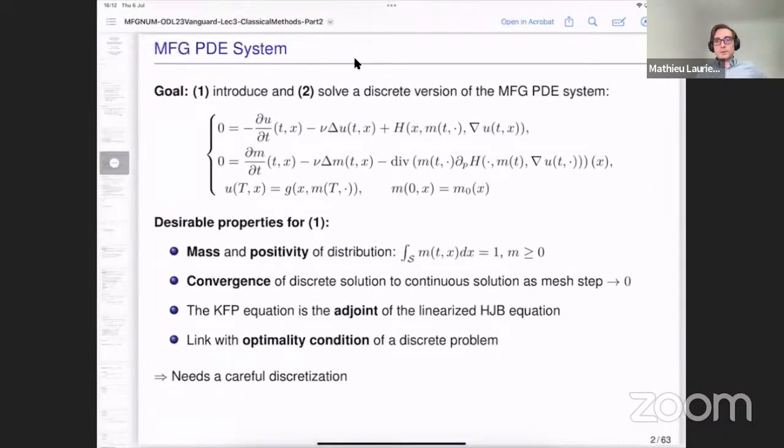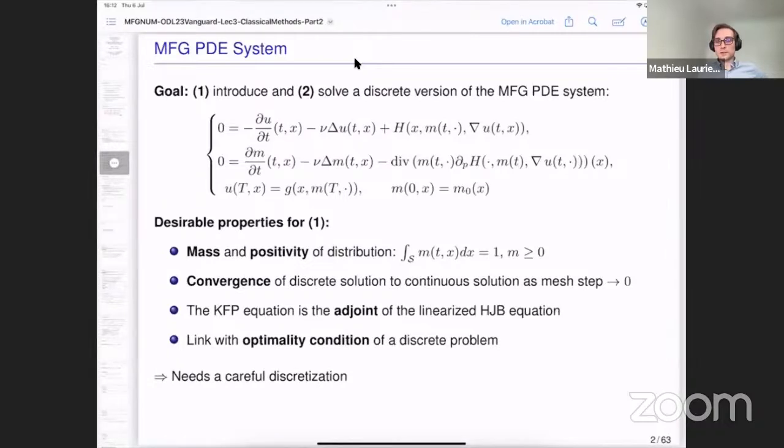Then maybe a little bit more subtle. Here we have a very specific structure between the forward and the backward equation. And in fact, you can see that the KFP equation, so the forward equation, is the adjoint of the linearized HJB equation.